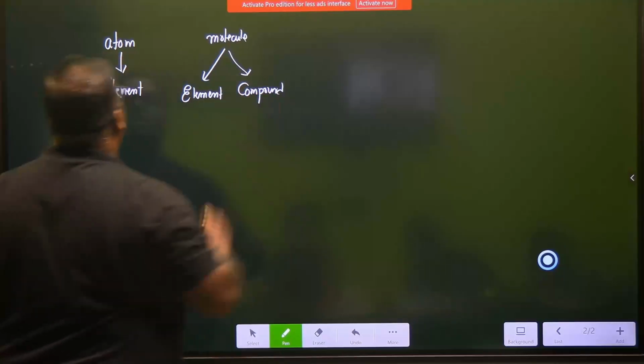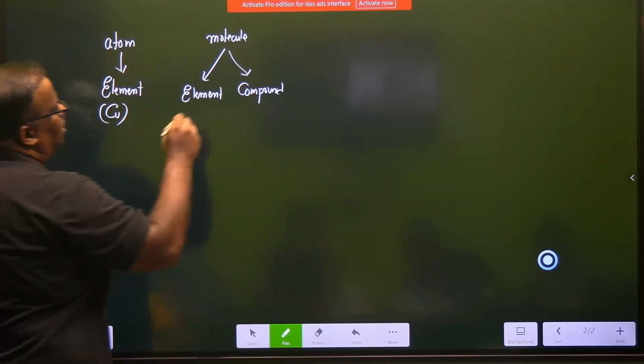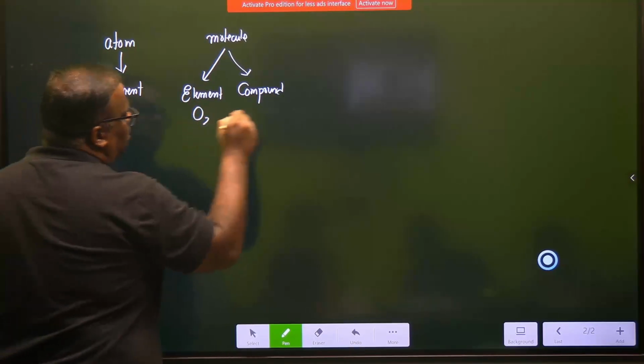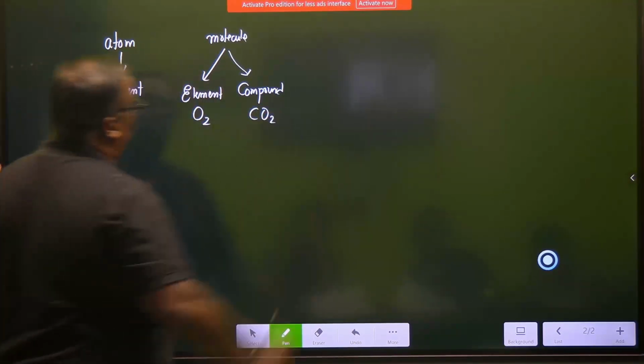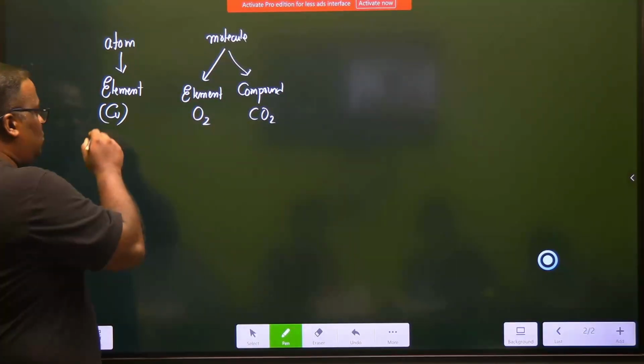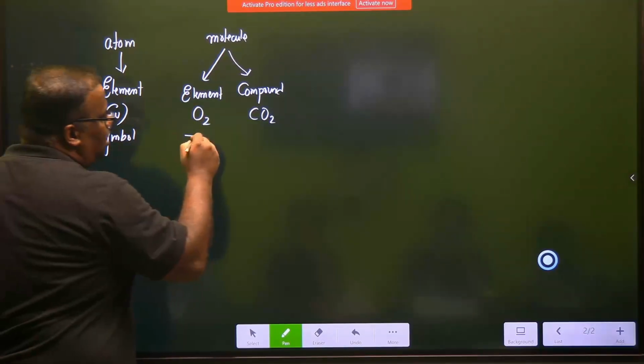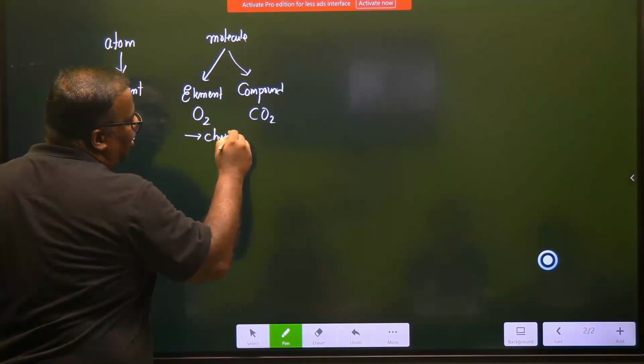Have you understood? If you still want an example, this is a copper atom. This is an oxygen molecule. This is a carbon dioxide molecule. Okay? And just for our knowledge, we'll write, while this is the symbol, this is a chemical formula.